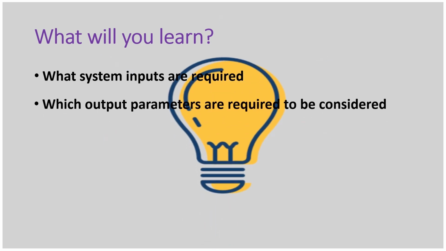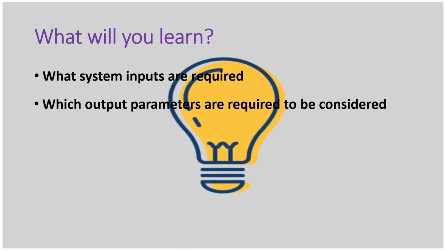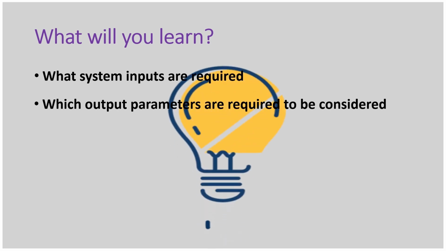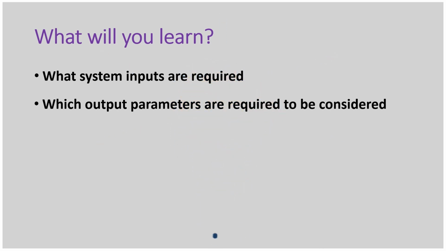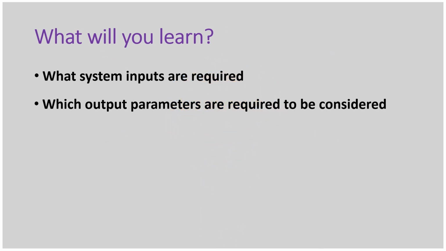Then the second part is what output parameters are required to be considered. Whenever you design something, in our example of a 10 kg load you want to push, which kind of cylinder will you pick, and what will be its bore size?